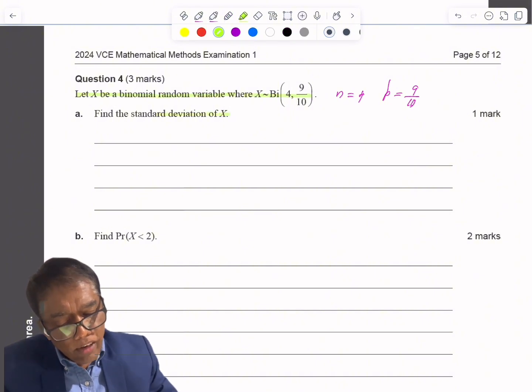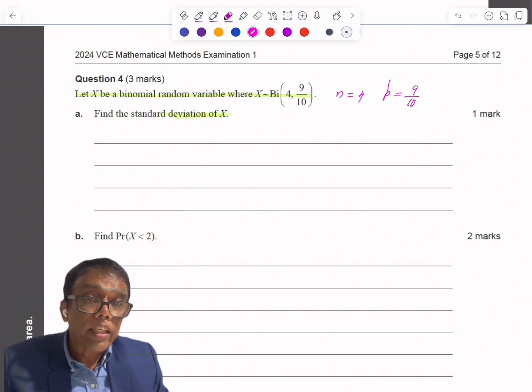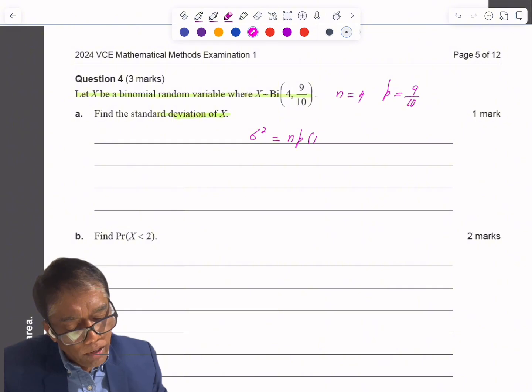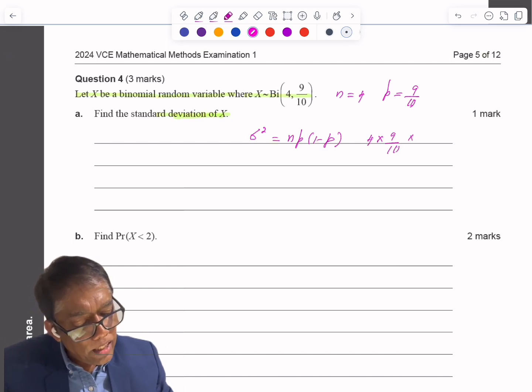How do we find the standard deviation? We know that the variance of the distribution, sigma squared, is given by n times p times (1 minus p), where n is equal to 4, p is equal to 9 over 10, and 1 minus p is 1 over 10.